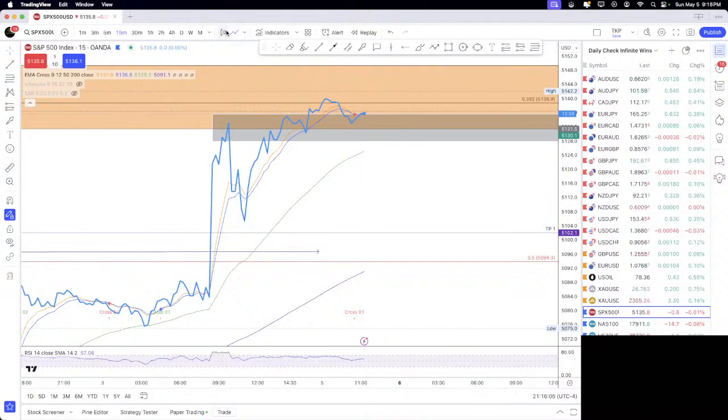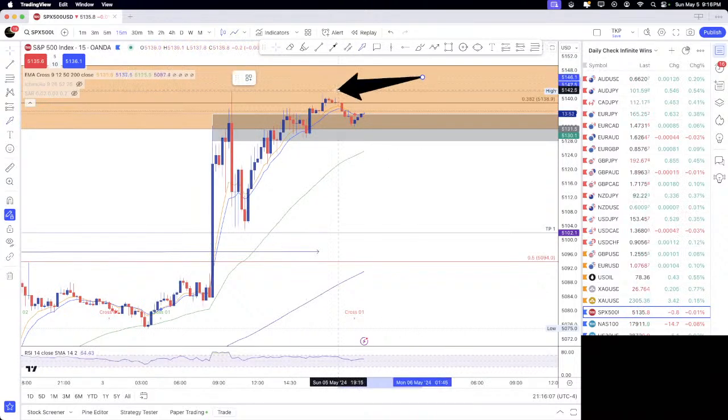Right now, judging by the 15-minute price, it created a double top right here at the highs, and it is now pulling back to retest that area.